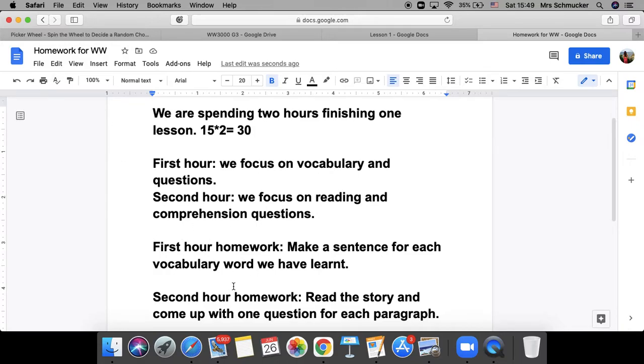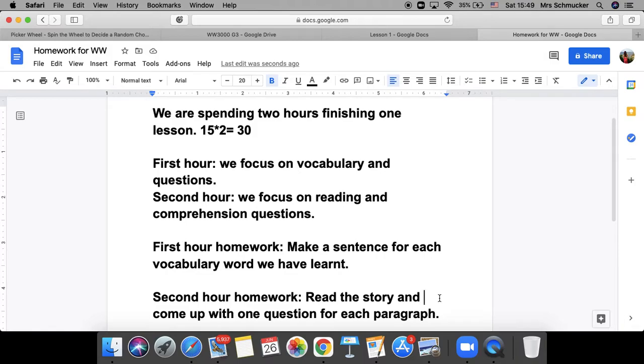So the second hour homework, once you're done with the first part and you're on your second hour with this class on this book, you would ask the students to read this story. Well, here's the thing. You have already read the story with the students in class. So as homework, you're going to ask them to reread it and come up with one question for each paragraph.